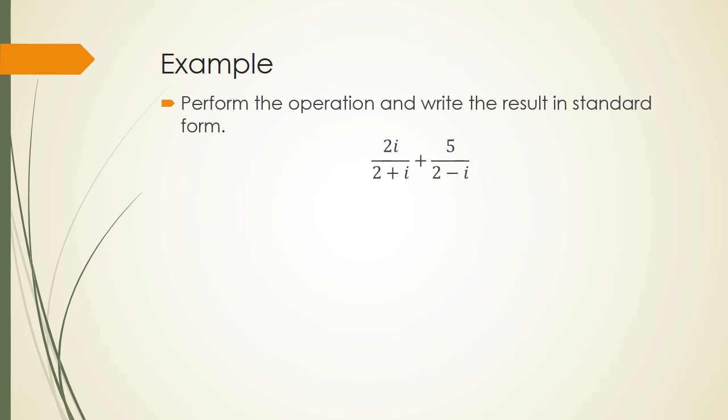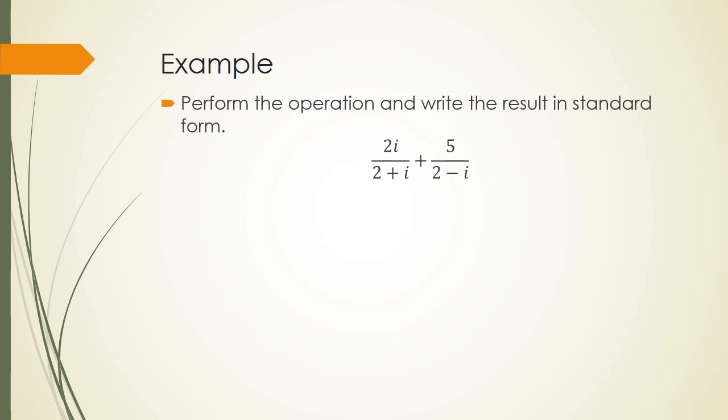Okay, let's try this example. I want you to try this on your own. Before you find the common denominator, you need to go ahead and take care of the i's in the denominator. So for both of these fractions, get the i out of the denominator. That's actually going to make your life easier because it will give you a single number for each denominator and make finding a common denominator easier.